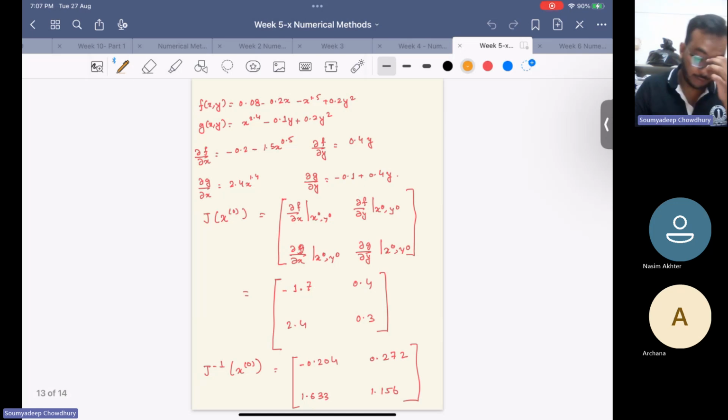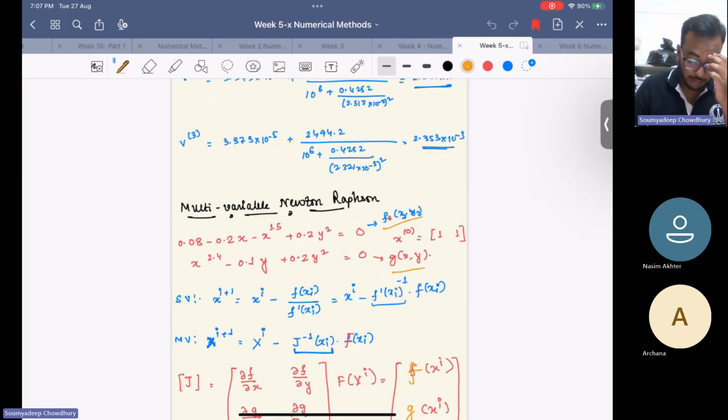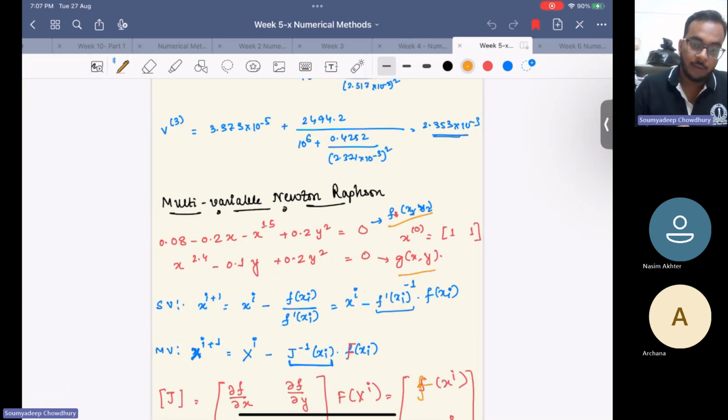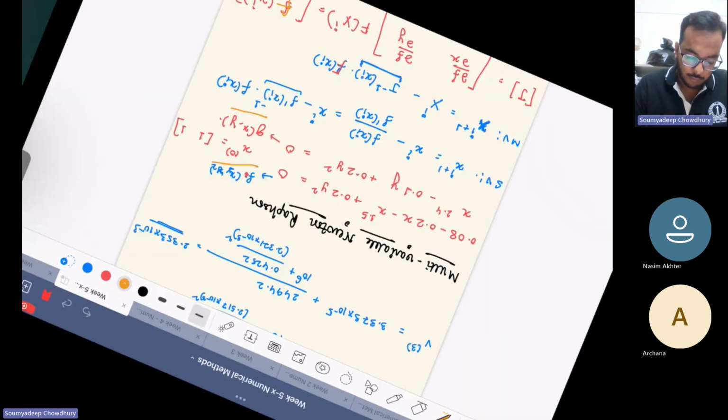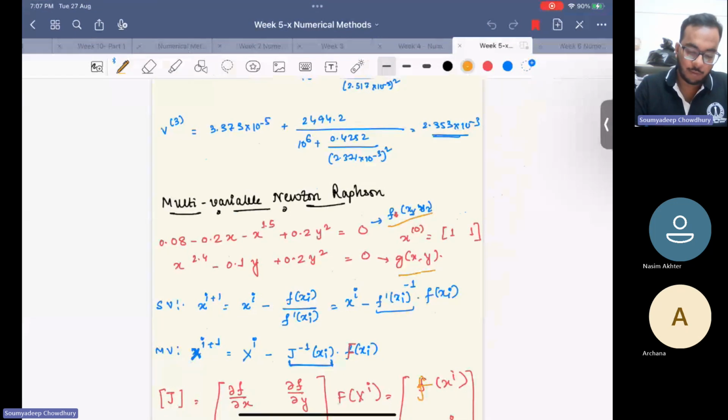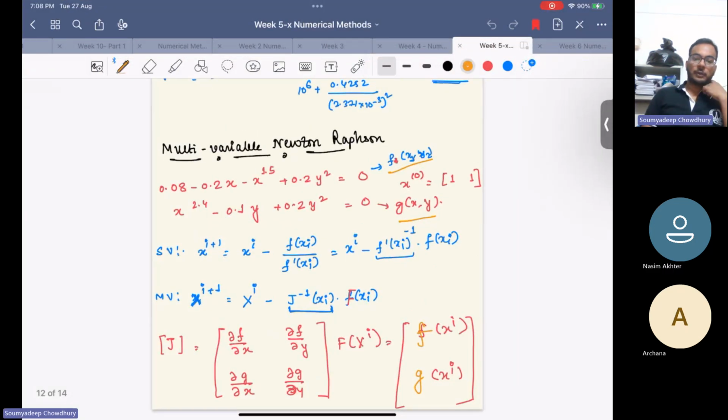So if we have three variables, you will be given three equations, right? The thing will be the same, only your Jacobian matrix will be of the order of 3 cross 3. Here it is dou f by dou x, dou f by dou y, right? So one more column will be added, dou f by dou z.